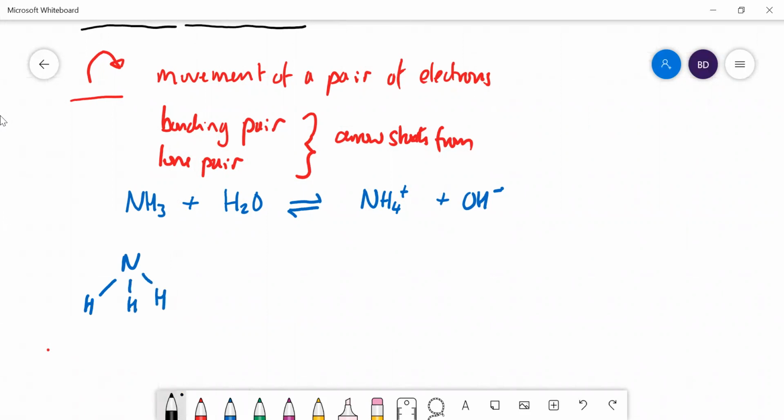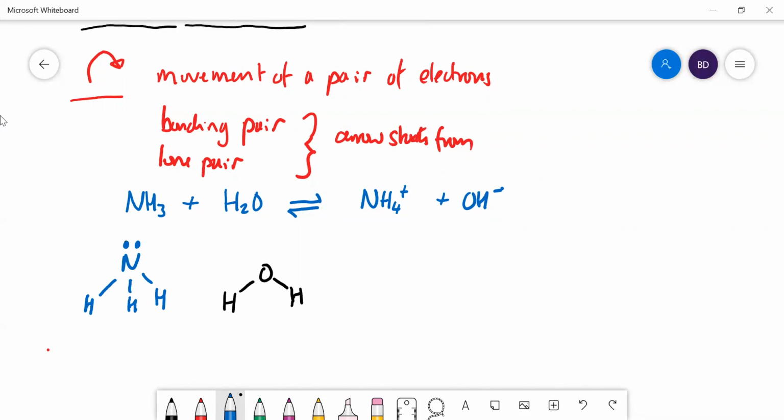Let's draw water in black. Now ammonia, the nitrogen has got a lone pair in it, and that's a pretty strong lone pair, a pretty strong negative charge there because the nitrogen is an electronegative atom. And nitrogen is a pretty good base, and ammonia is a pretty good base.